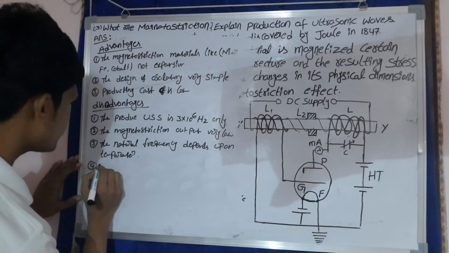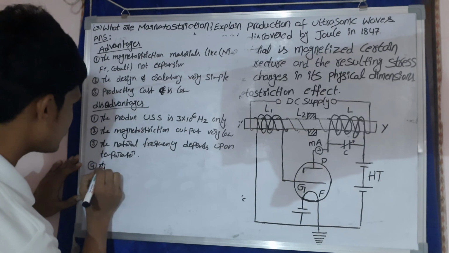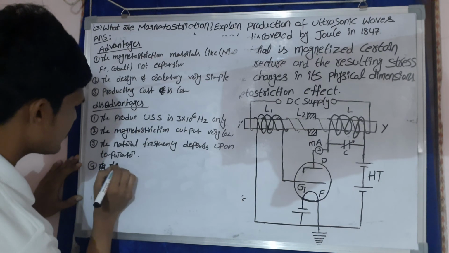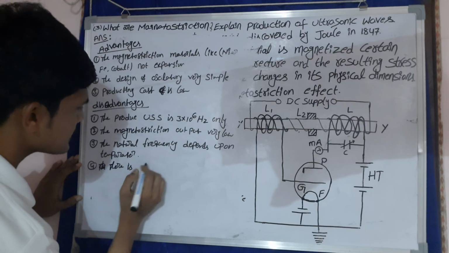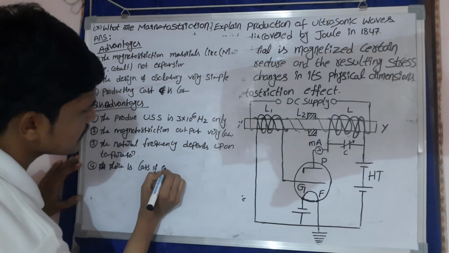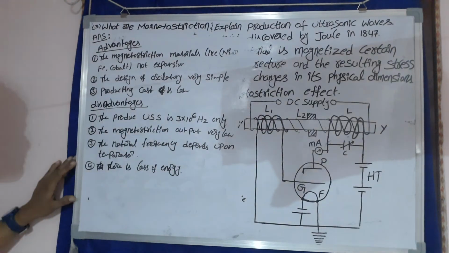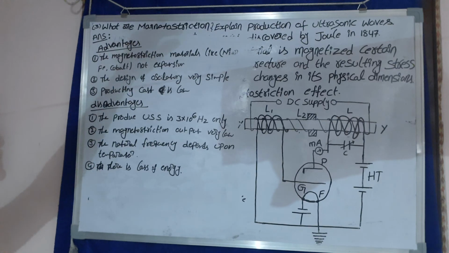Next, there is loss of energy. So this is the magnetostriction method.